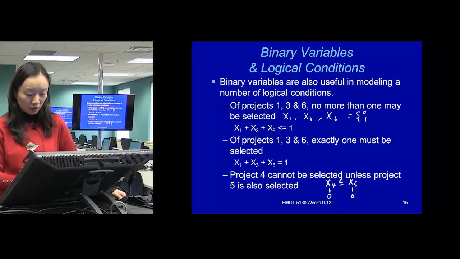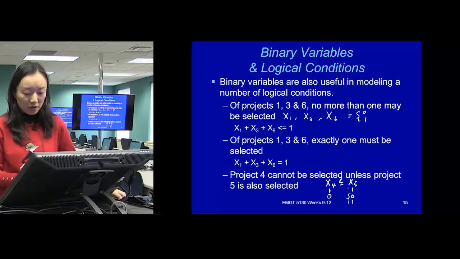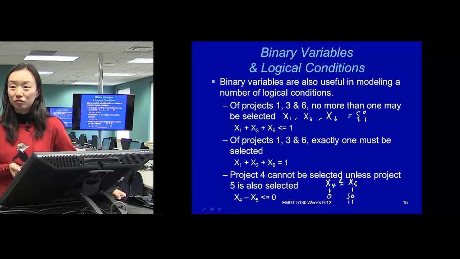If 4 is 0, what happens to 5? 5 can be either 0 or 1, so we are not constraining 5 to be not selected. But when we set 4 to be 1, 5 will be forced to be 1 because of this less than or equal to sign. So we use this to force x5 to be 1. That's the constraint to do this one.